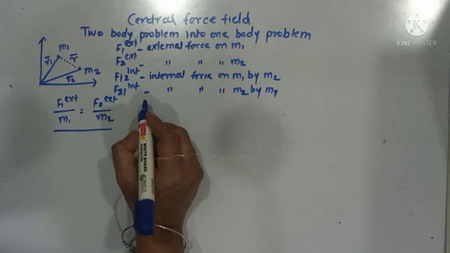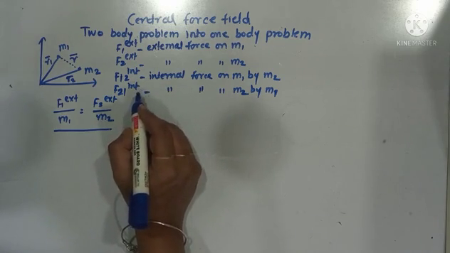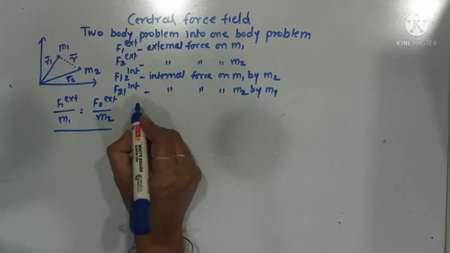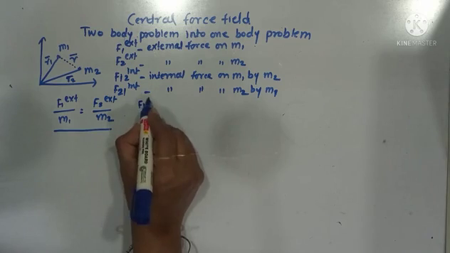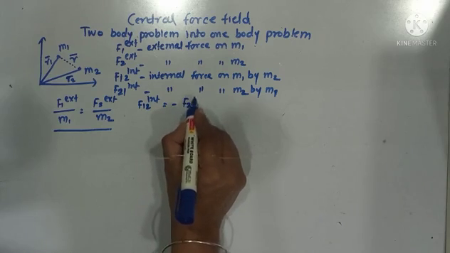Similarly, the force exerted by m1 on m2 and the force exerted by m2 on m1 are exactly equal but opposite in direction. F12 internal is equal to minus F21 internal.